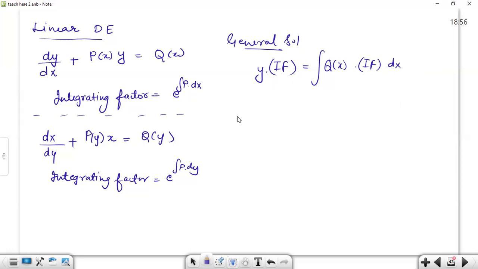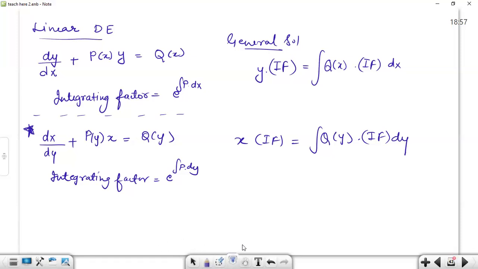We can add that later also. For this kind of differential equation, where p and q are in terms of y and the derivative is dx over dy, y and x simply change their places. Just remember the first one and reverse y and x. You will be able to recall them easily. Simple. But you have to make sure to learn this, and later you can just change x and y in the general solution. Clear?